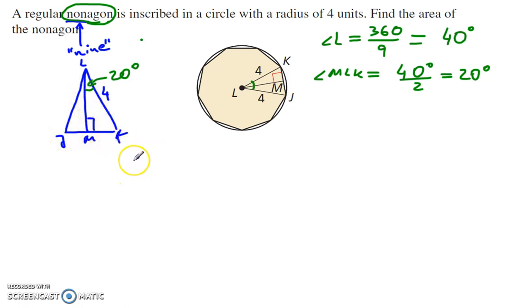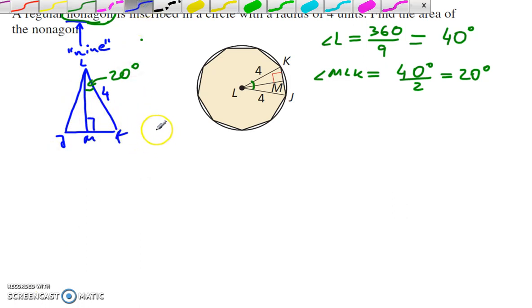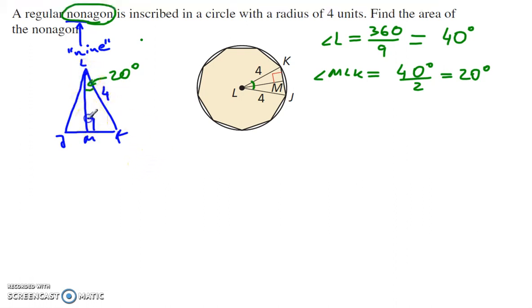Remember SOHCAHTOA: sine, opposite over hypotenuse. We have the right angle here, and this is the angle that we know. So sine 20 is opposite to hypotenuse. Sine 20 is opposite, that's MK, to hypotenuse, which is KL or LK, which is 4.